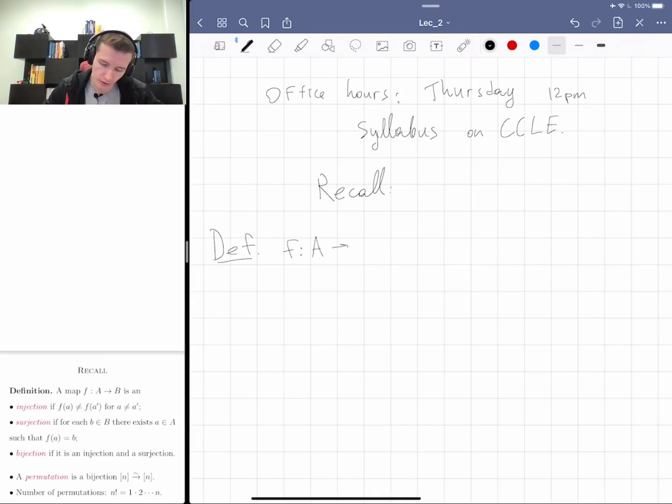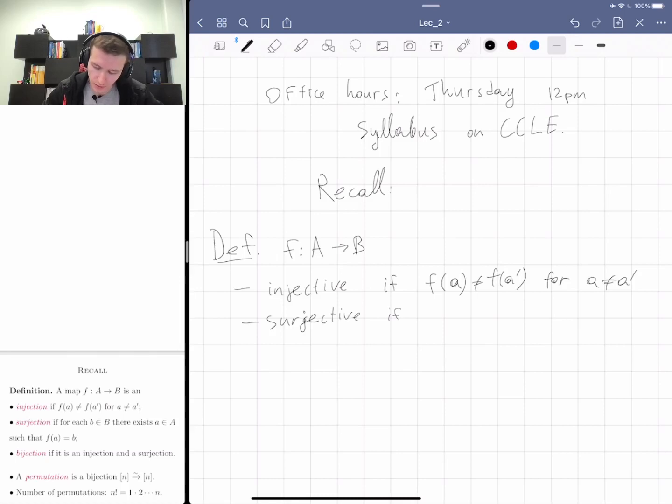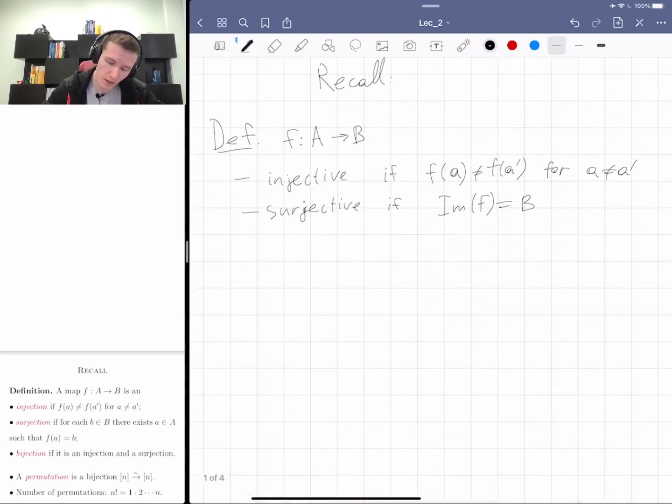If you have a map F between two sets A and B, then F is injective if it sends different elements to different values, and it is surjective if the image of F is the whole set B, where the image is just the set of all values of your map F. And finally, it's bijective if it is injective and surjective.